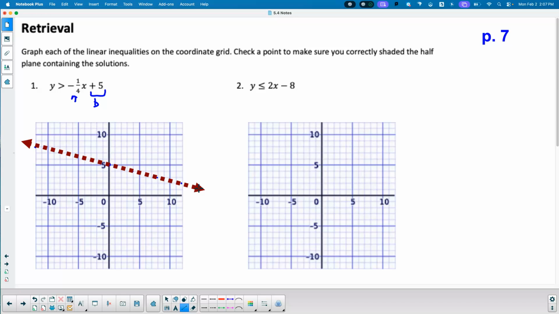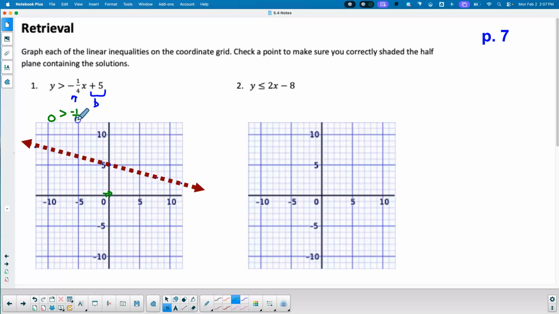Okay? And then we need to test a point on one side of the line. I always recommend that if the line doesn't go through the origin, test the origin. If I plug in 0 for y, that gets me 0.